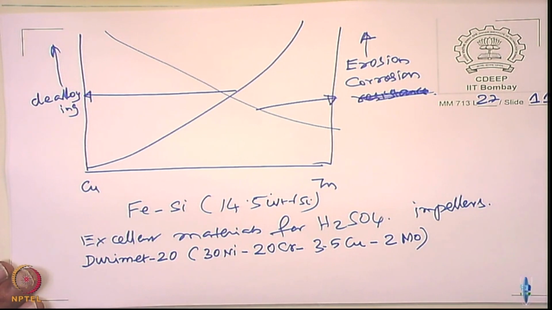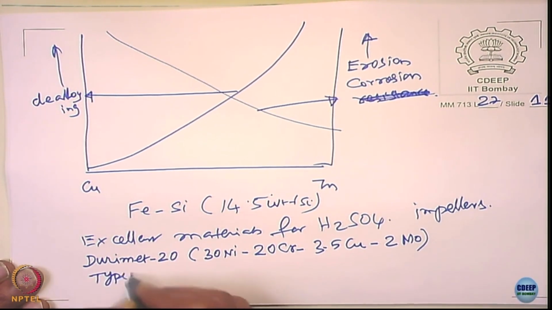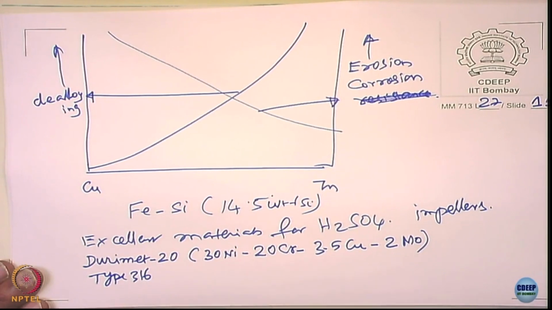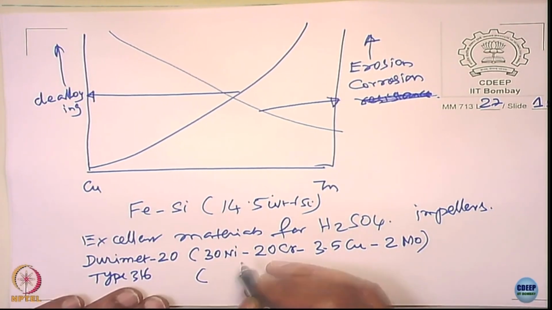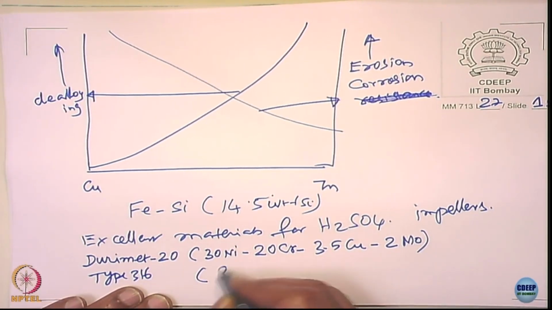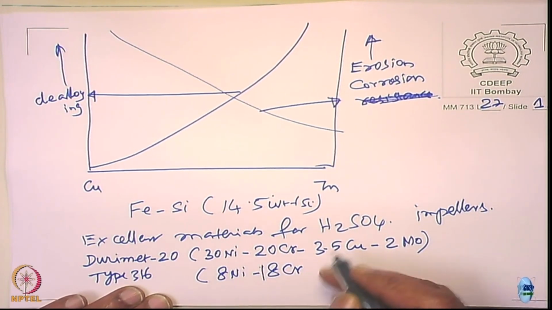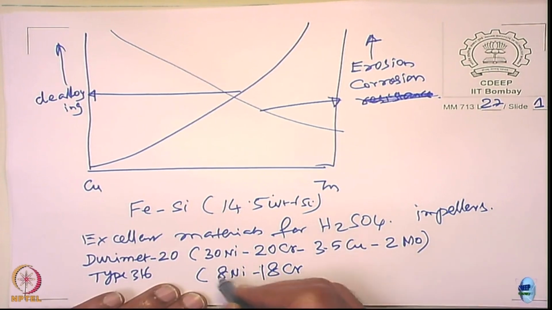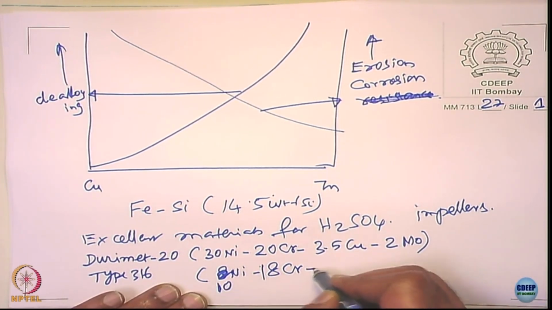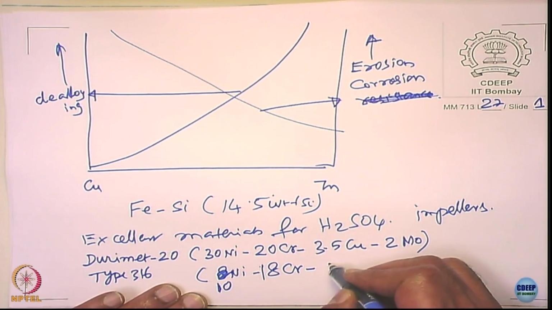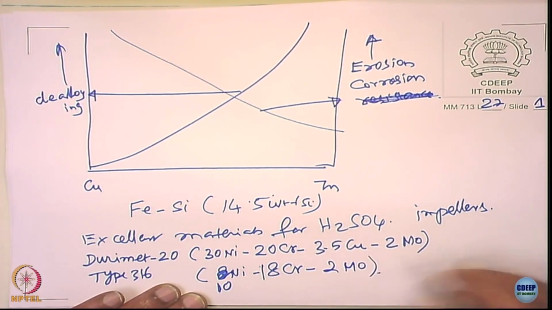Take this versus a stainless steel like type 316 stainless steel. This is 18 chromium, actually it is not 8 nickel, it says 10 nickel, okay. 10 nickel and you have about 2 moly.